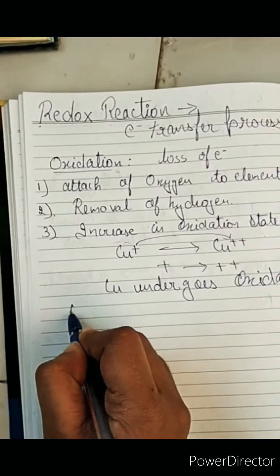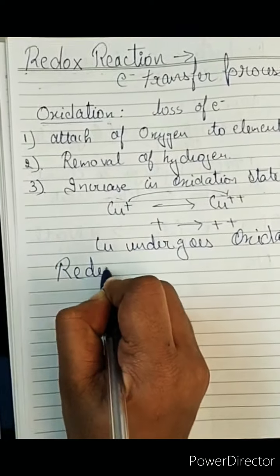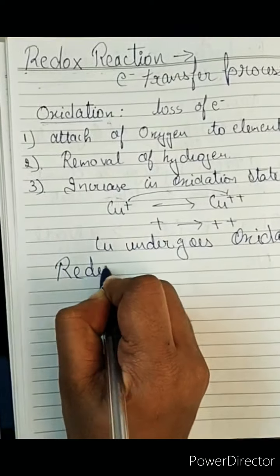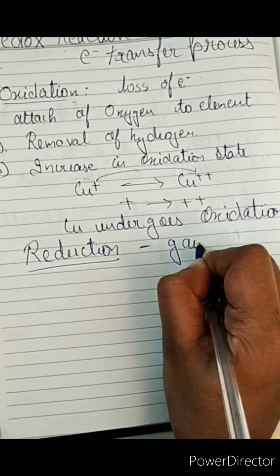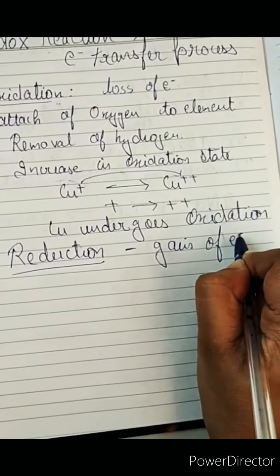Similarly, we have another term in redox reaction, that is reduction. What is that? Oxidation means loss of electron, reduction means gain of electron, just opposite to oxidation.